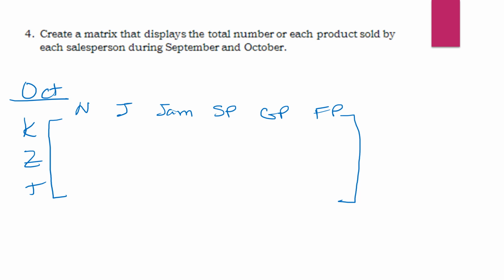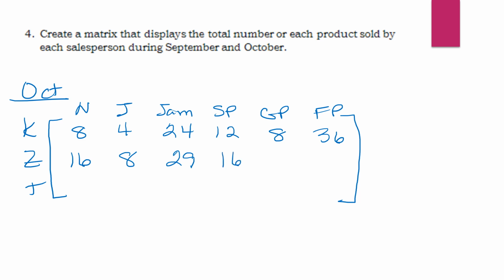All right, so in October, Keys sold 8 packages of nuts and 4 packages of jerky, 24 of the jam, 12 of the snack pack, 8 gift packs, and 36 family packs. Zhang sold 16 packages of nuts, 8 of the jerky, 29 of the jam, 16 snack packs, 20 gift packs, and 32 family packs.